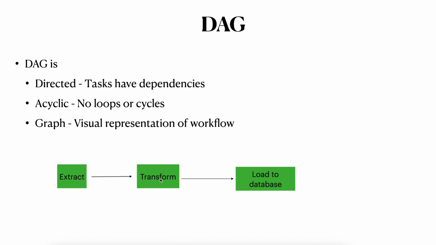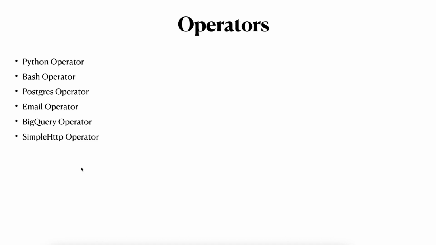There is no cycle. And if something wrong happened, then we can retry. That capability is available. Or you can halt the process if you want to manually check the errors.